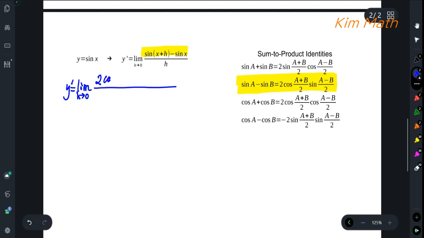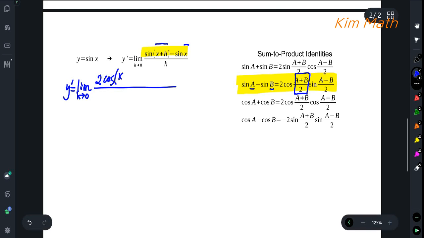Twice cosine. Here, when you have a and b, this is the sum of two angles, then divide by 2. In this case, this is your first angle, this is your second angle. So I will do some mental math. Add, which is 2x plus h, then divide by 2.